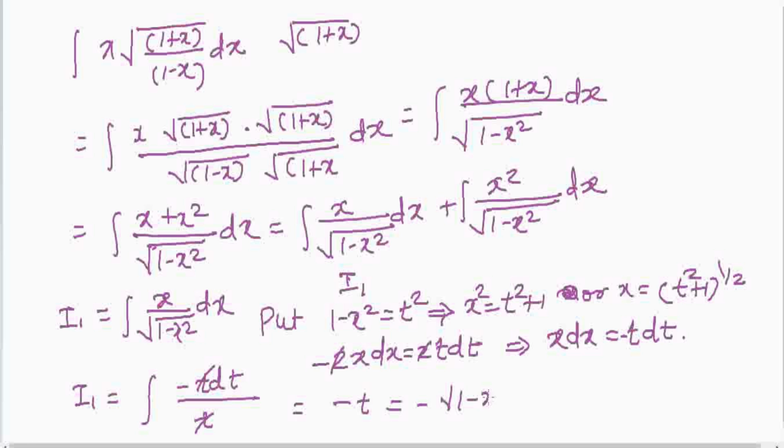Under root of 1 minus x square. Okay, so this is our integration I1. I1 equal to minus under root of 1 minus x square. This is our integration I1.